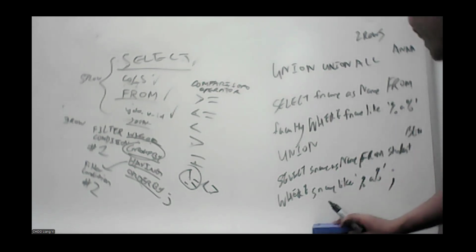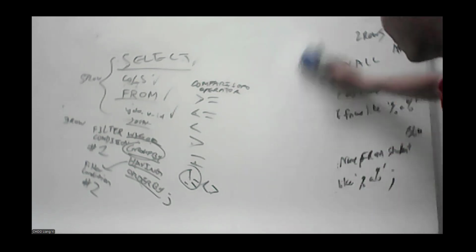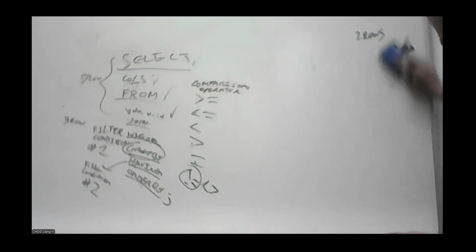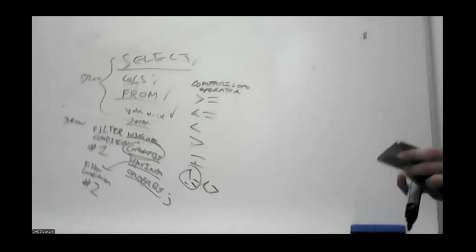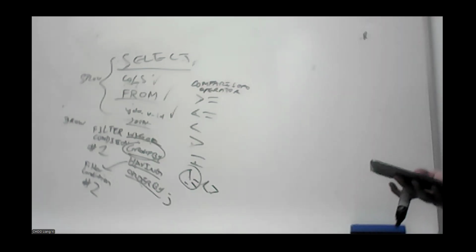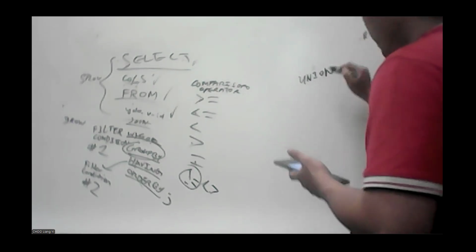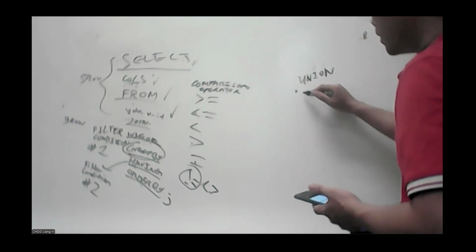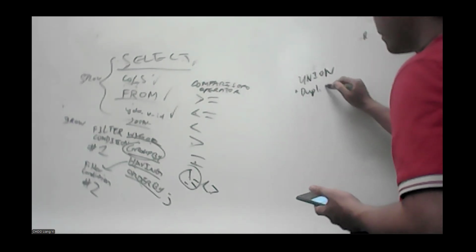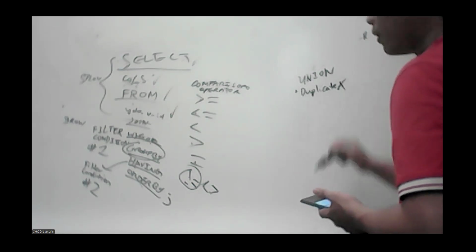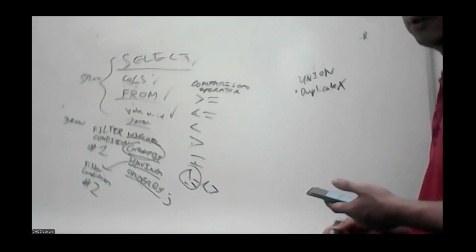Union isn't really a big thing. A bit out of scope for BDM, but there's union and union all, depending on when you want to use it. Basically the difference is that union has the ability to remove duplicates. There will not be any duplicate row if you use union.